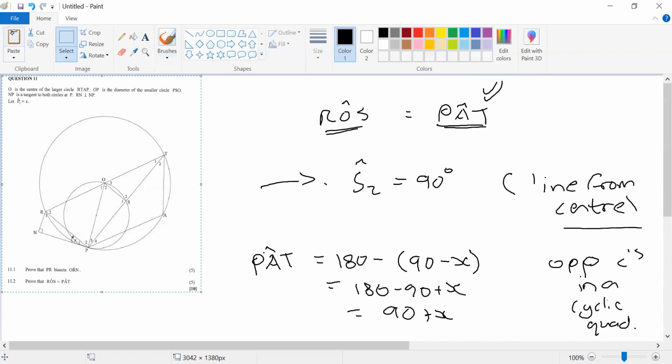The only other thing that we really need to calculate now is angle ROS. And angle ROS can actually be found right here. And one thing we do know is that at O1, our angle that we calculated was 2x.